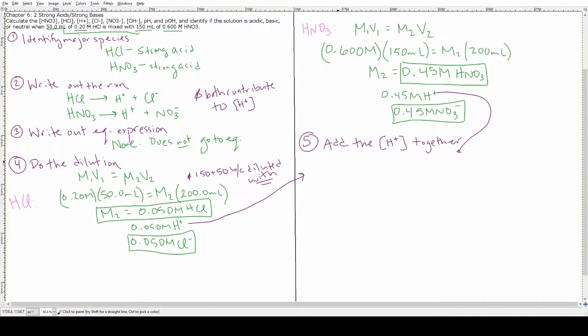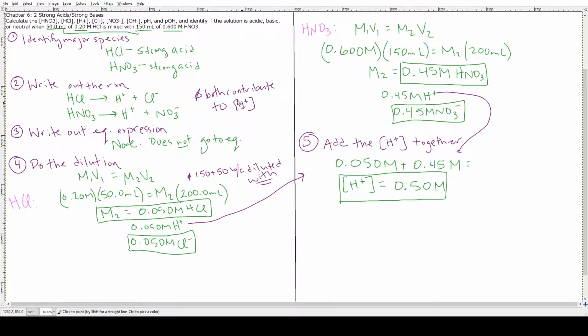So we'll end up with 0.050 molarity plus 0.45 molarity. So the concentration of hydrogen ions is equal to 0.50 molarity. I'll box that. That's something I wanted.